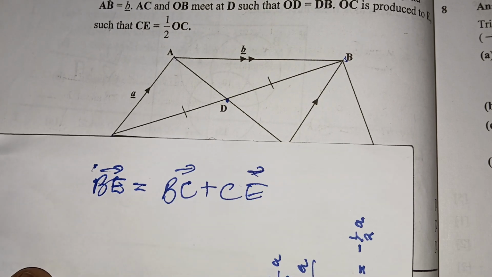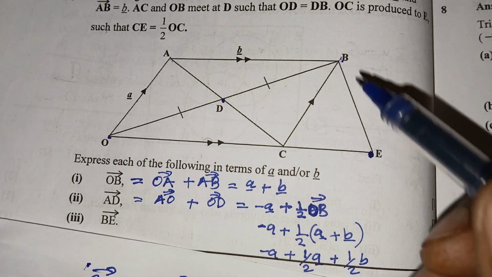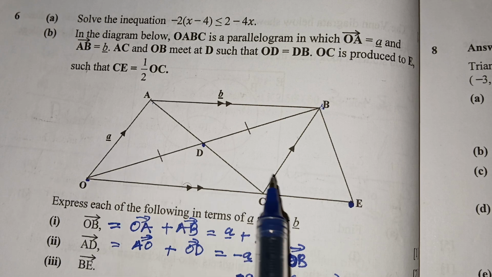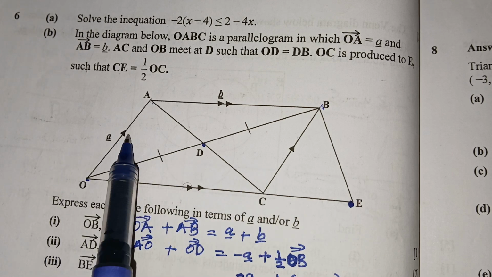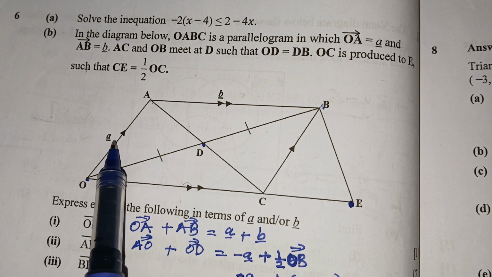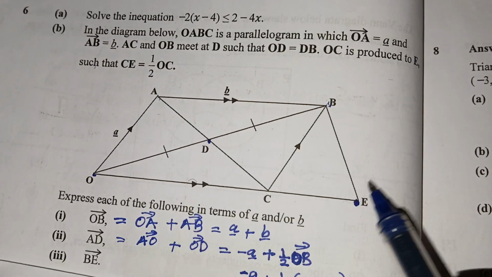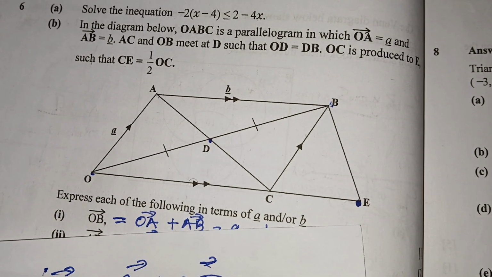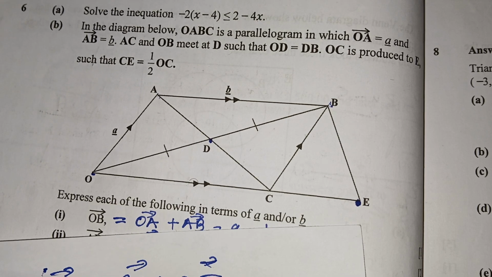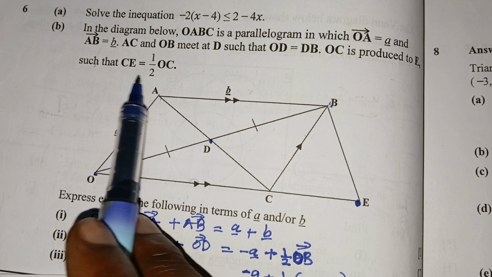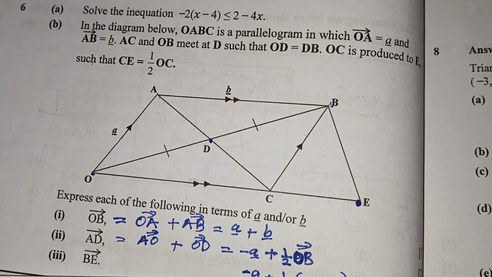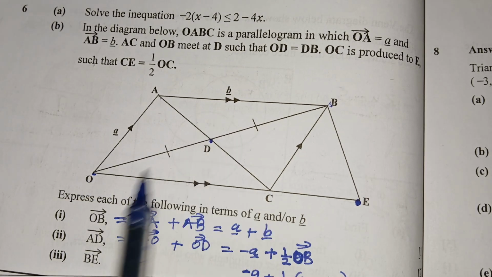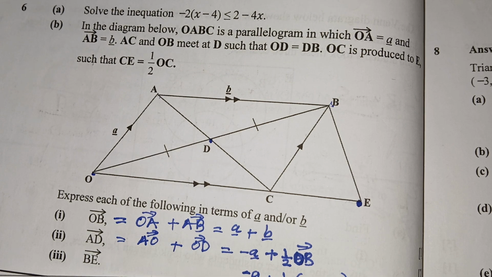All right, and take note that this is a parallelogram. For a parallelogram, these are parallel sides. This side and this one, they are equal. So this is an a, even this side is an a. But take note that now that we are moving from B to C, again, I'll apply a minus a. Then we have been told here that CE is equal to half of OC. What is our OC?